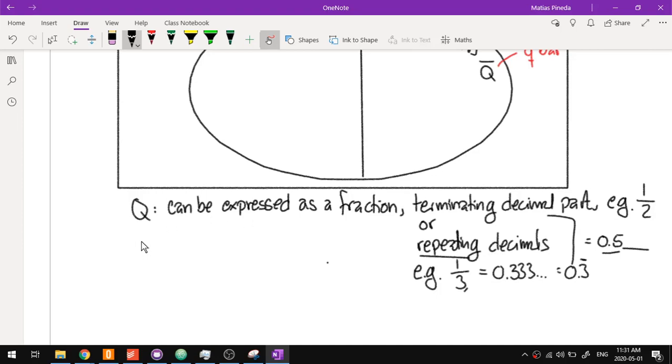Okay, so irrational numbers cannot be expressed as a fraction.